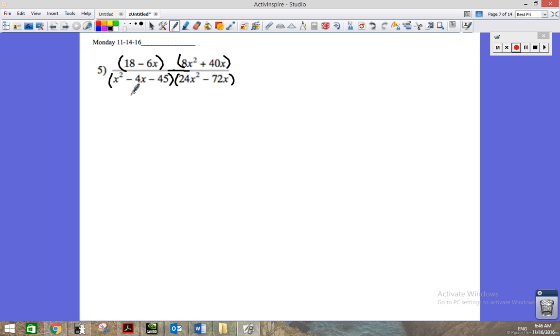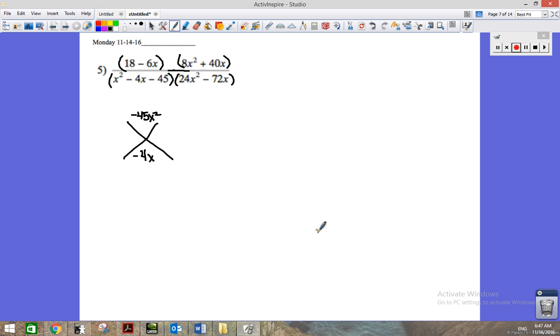So I'm going to start with this trinomial and do my x method, because I need to see this in factored form. So, because I'm hoping that when I factor everything, I'll have common factors and that this fraction reduces. The middle term here is negative 4x. The top of my x is the first term times the last term, which is negative 45x squared.